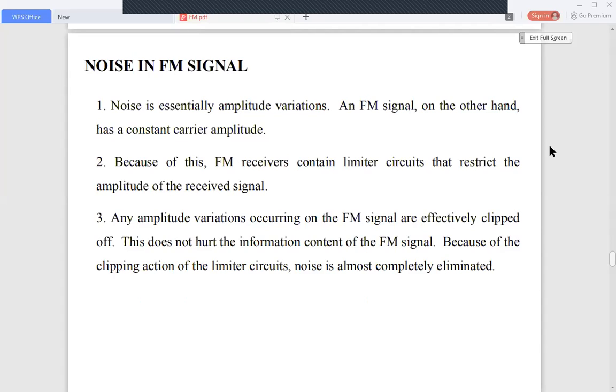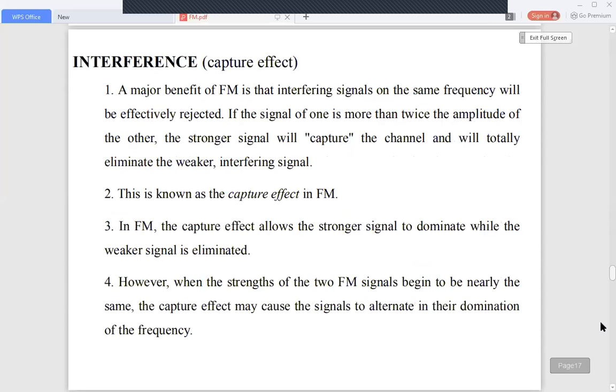Any amplitude variation occurring on the FM signal is effectively clipped off. This does not hurt the information content of the FM signal. Because of the clipping action of the limiter circuit, the noise is almost completely eliminated. FM is more noise immune than the AM signal.